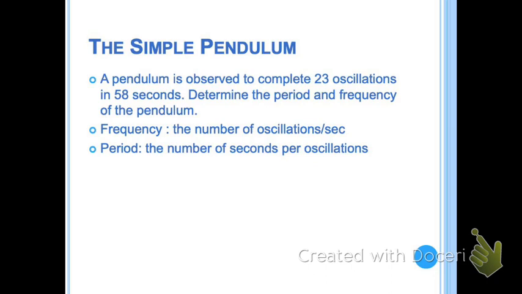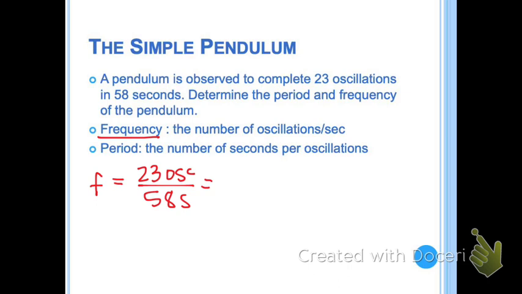So if we have 23 oscillations for 58 seconds, that would be solving for frequency, right? To solve for frequency, we would take 23 oscillations over 58 seconds. And that gives us, go ahead and run it all the way out.